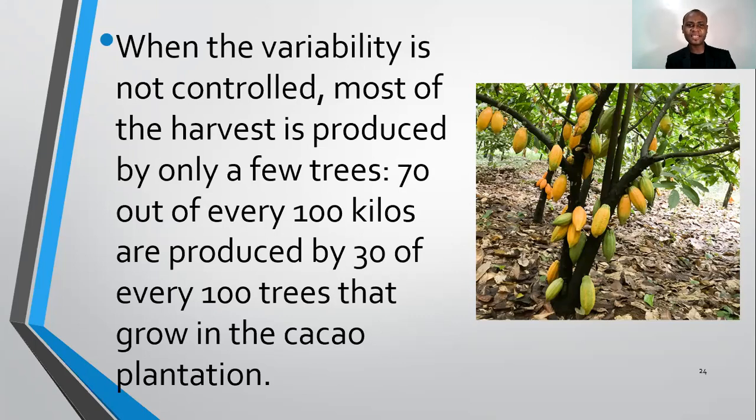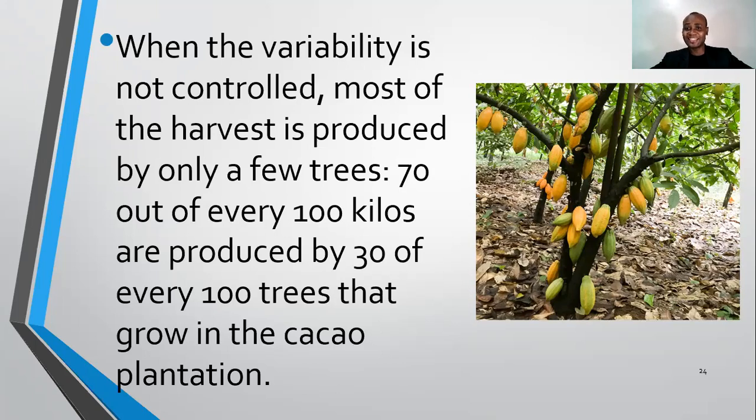That is, 70 out of every 100 kilos are produced by 30 out of every 100 trees that grow on the cacao farm. So what that means is that on the entire farm, only 30% of the trees produce the yield.